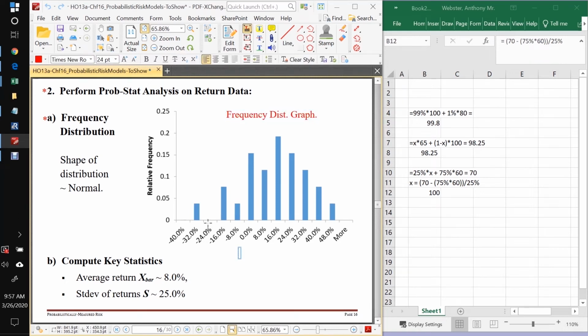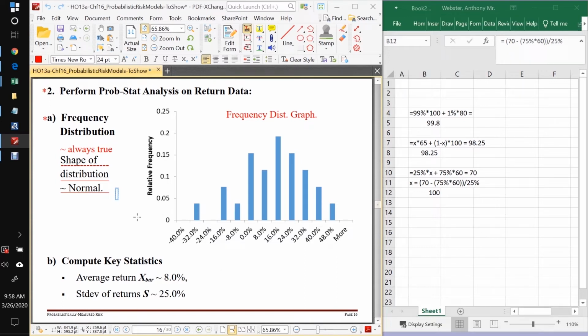This pretty much should look like a normally distributed set of data, okay? And that's what typically is always assumed in a case like this for stock data. And why is it always assumed to be that way? Because the distribution graphs really do honestly typically look like this. Our histograms, our frequency distributions, typically do look normal for annual stock returns over time.